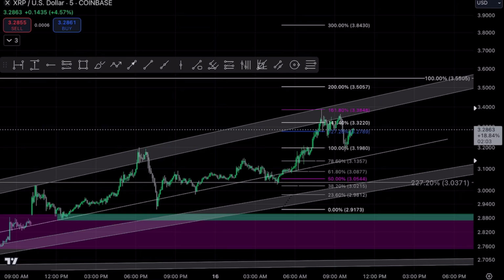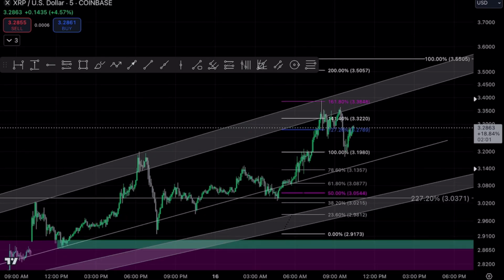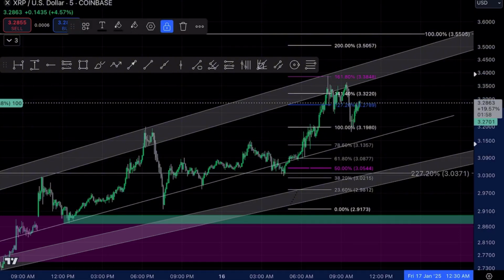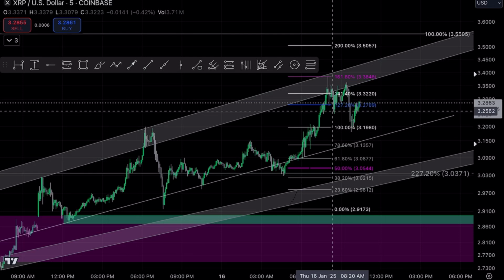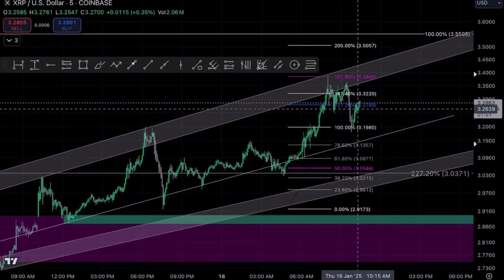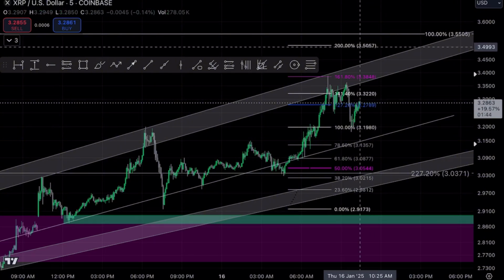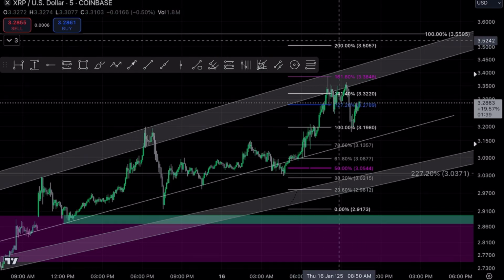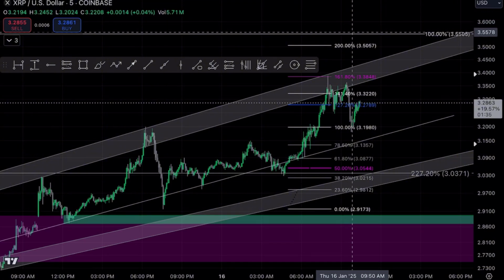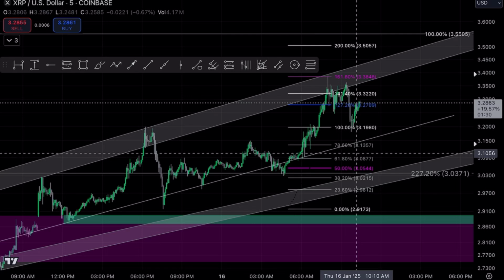And so what I would do is, right now, I really could have come out right here and then come back in, right? But I decided, since we're really close to 355, what I might do is just set a limit order right here at this area, or maybe a little bit above this area, just in case we were to hit the 100% and then spike down.